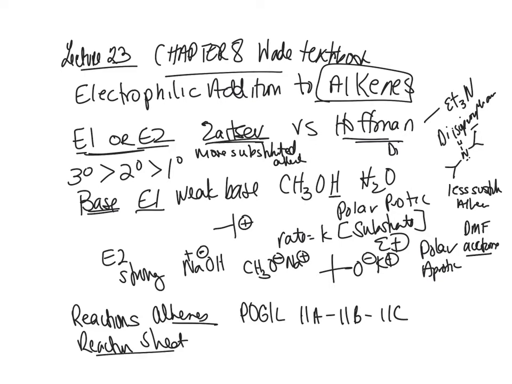And I think you need to have one reaction sheet per reaction. And we're going to start off with this. I'm going to give you an overview of what an electrophilic addition looks like, and then I'm going to list the different reactions, and I'm going to show you how to fill out the reaction sheets, and then we're going to go into your Pogel exercises.